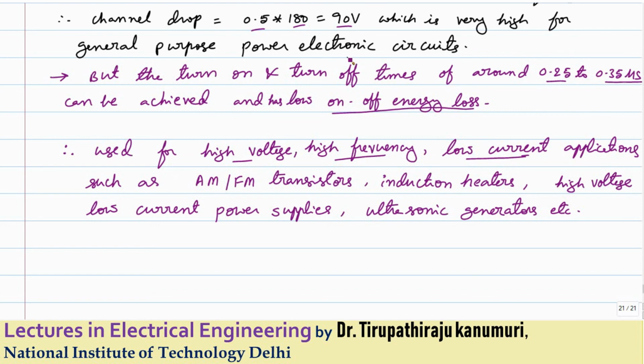Because the conduction voltage drop and losses mainly depend on the current. If the current is less, automatically they will be less. So these are used for high voltage, high frequency, low current applications such as AM/FM transmitters, induction heaters, high voltage low current power supplies, ultrasonic generators, etc. In these applications we generally go for this device.